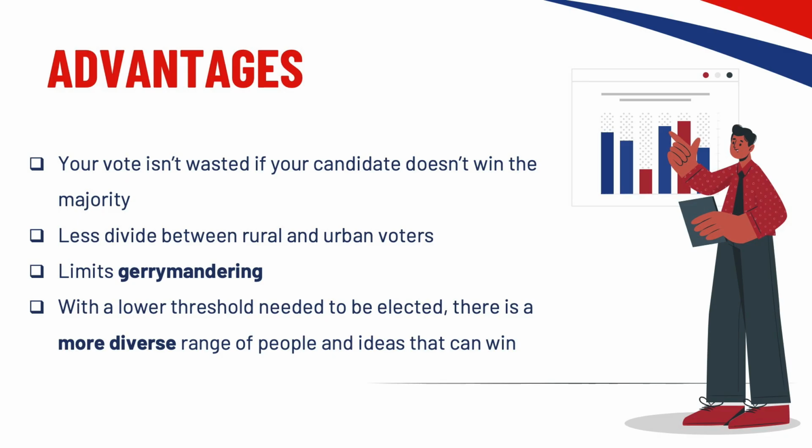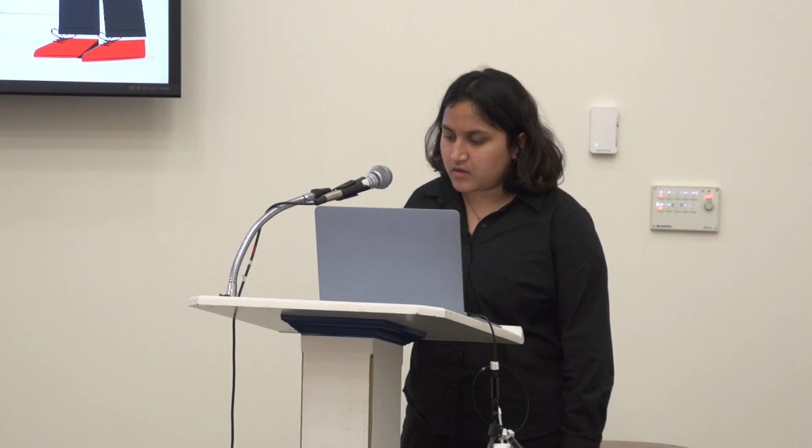But because there's going to be a representation of each party in each state, your state is not going to define what party is winning. As Yana mentioned, this would also limit gerrymandering. And with the lower threshold needed to be elected, a more diverse range of people and ideas would be able to win. So if this all sounds so amazing, why not just switch?